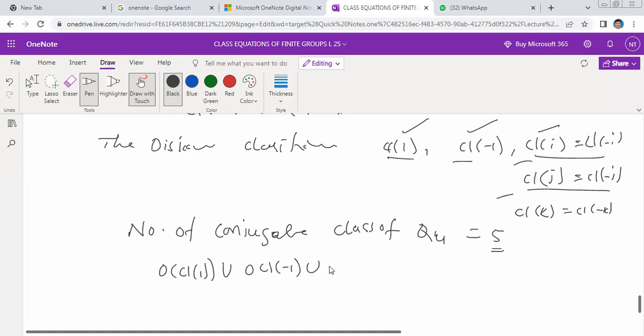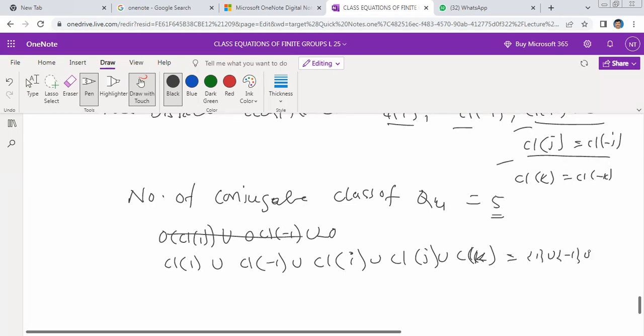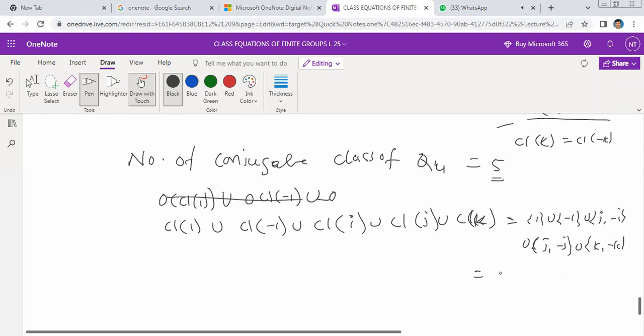Union, classification of 1 union classification of -1 union classification of I union classification of J union classification of K. This is nothing but classification of 1 is the singleton set 1, union -1, union I and minus I, union J and minus J, union K and minus K. Therefore, this is nothing but Q4, the quaternion group Q4.